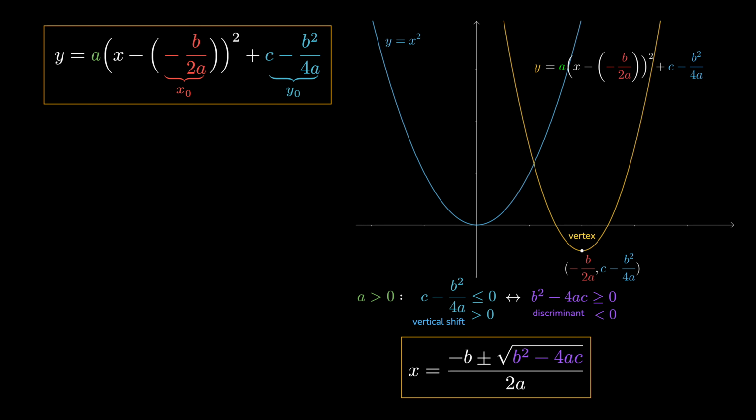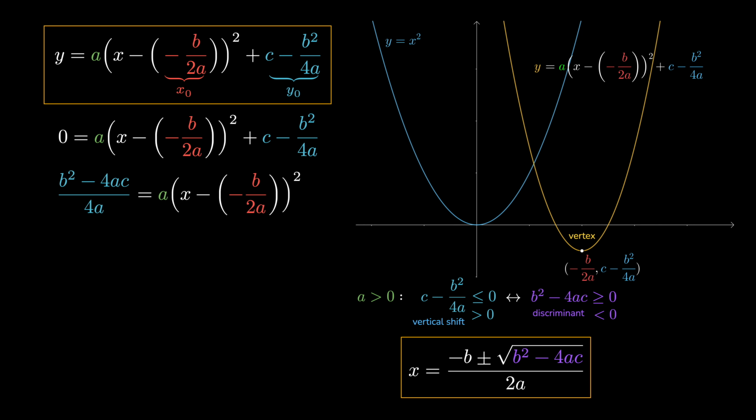Now, in fact, we can actually derive the quadratic formula from our expression for vertex form. To do that, let's set our expression equal to 0, and then solve for x, which will give us the roots of the quadratic. First, we move the constant to the left and rewrite it as (b squared minus 4ac) over 4a.